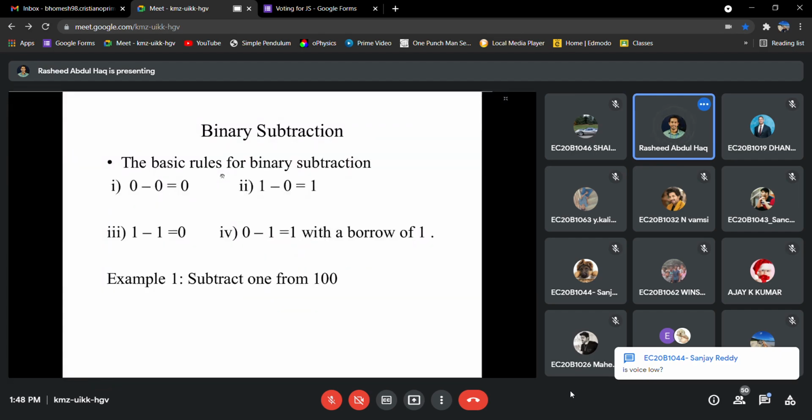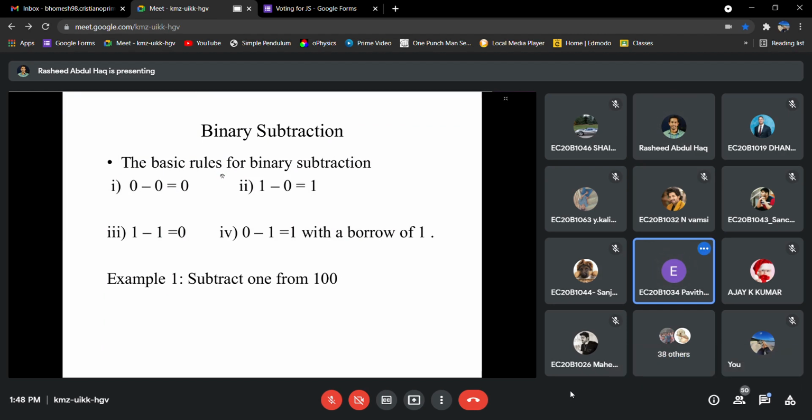Similar to addition, here also we are following the basic rules. 0 minus 0 is equal to 0. 1 minus 0 is 1. 1 minus 1 is 0. And 0 minus 1 is equal to 1 with a borrow of 1.